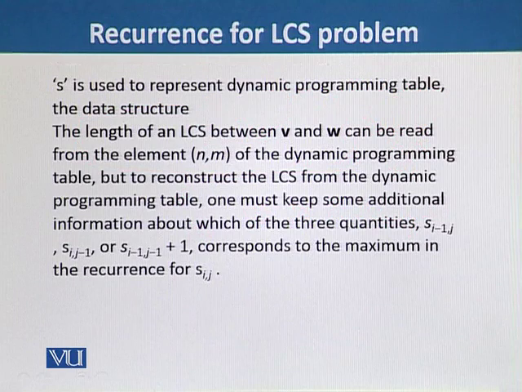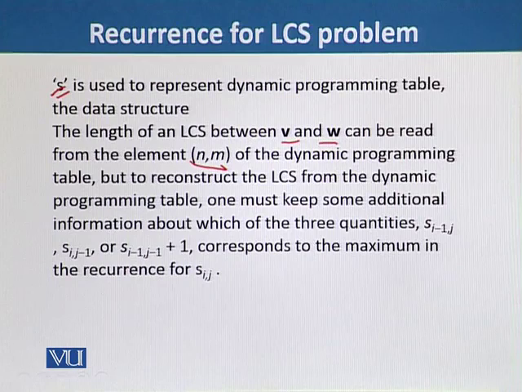We can use S to represent the dynamic programming table, the data structure that we use to fill in the dynamic programming recurrence. The length of the LCS between V and W can be read from element m, n of the dynamic programming table.